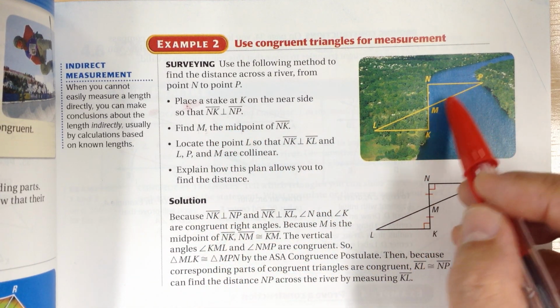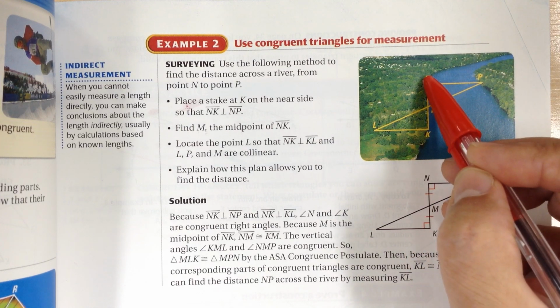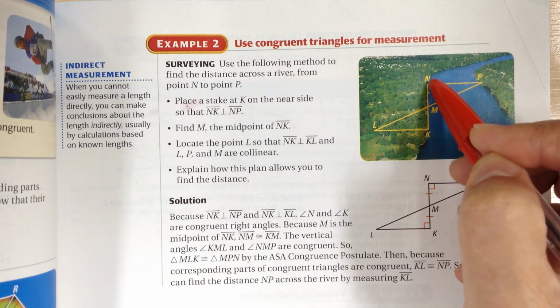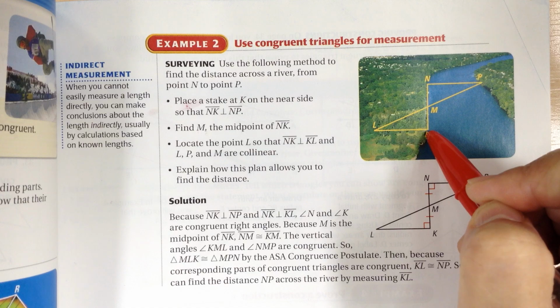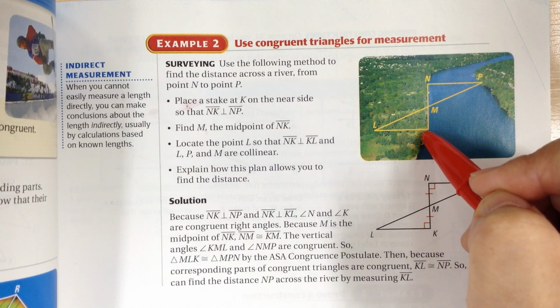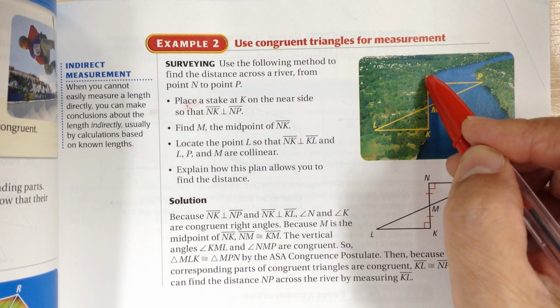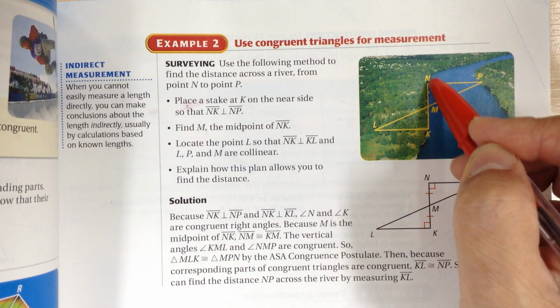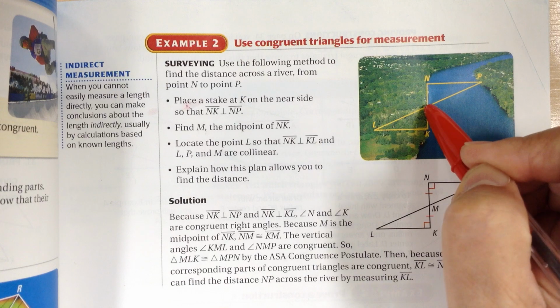From here you go straight so that it's a right angle, and stick a stake right over here. Next you find a midpoint, because this is on the shore, so you can measure the distance, right? You put a stake over here so that it forms a right angle, and then from here you find a midpoint.